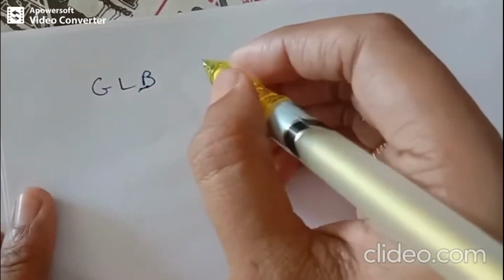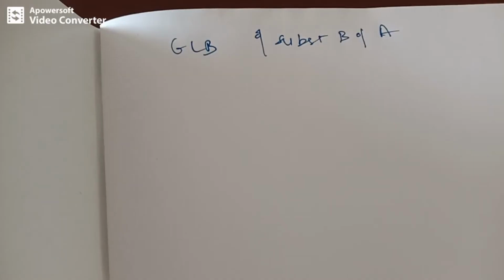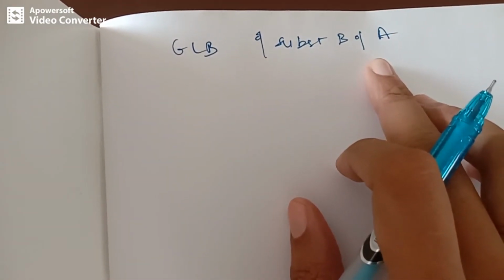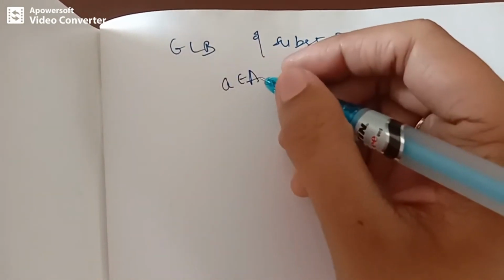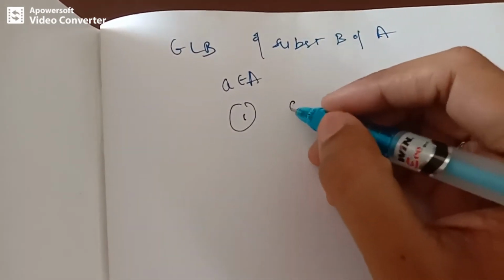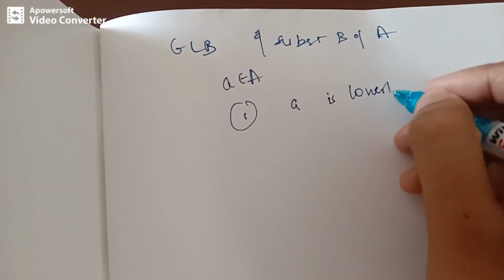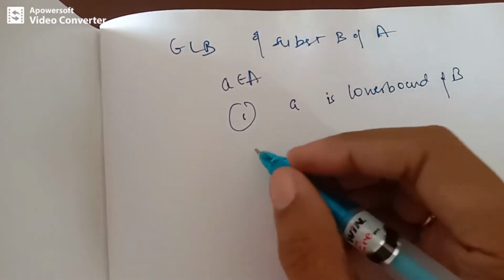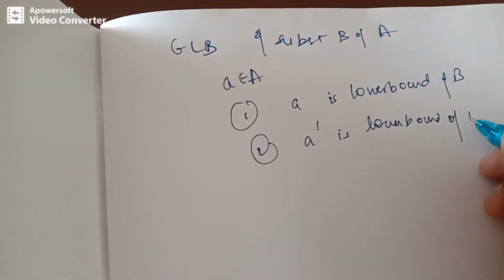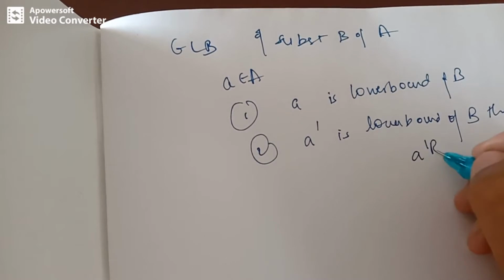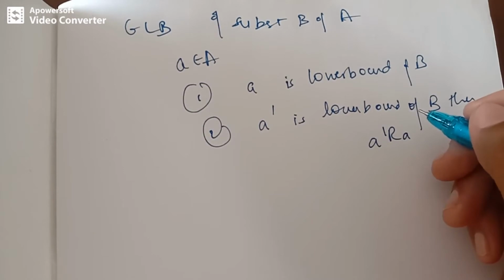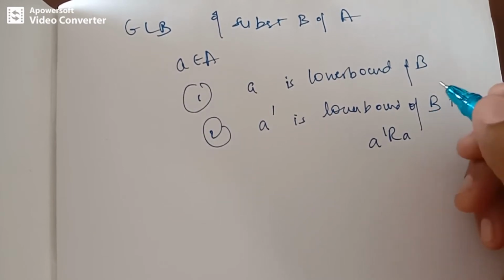The greatest lower bound of subset B of A is a particular element A belonging to A, which we call the greatest lower bound if two conditions are satisfied: A is the lower bound of B, and if A dash is a lower bound of B, then A dash is related to A. Under these conditions we can say that particular element is the greatest lower bound.